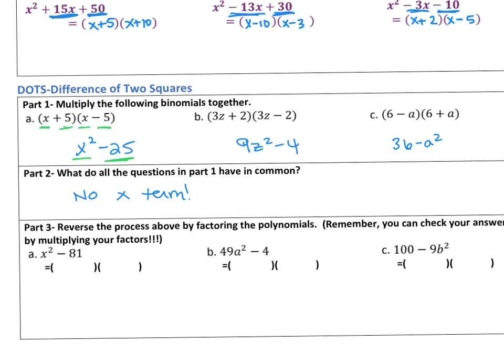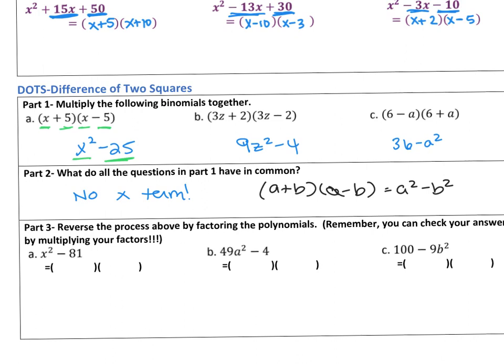So likewise, we can work backwards from that. Let's write it as a formula. If we have a plus b times a minus b, that's always going to give me a squared minus b squared, which is why we call it difference of squares. It's the difference, the subtraction, between two squared objects.